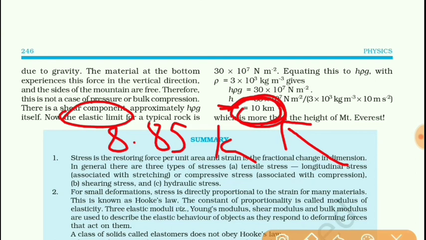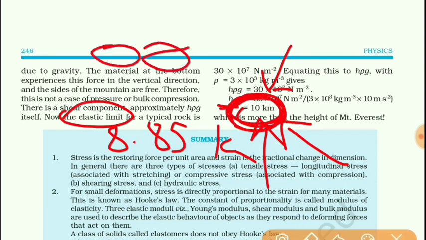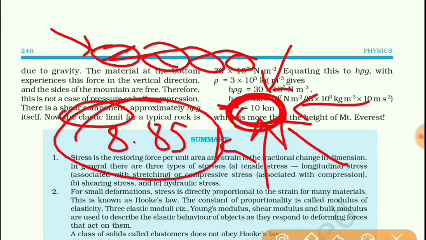So it is clear that Mount Everest cannot be of a height larger than 10 kilometer, because if the height increases, then what will happen? The stones or the rocks which are at the base of the mountain will cross the elastic limit and they will break into pieces. And so the height cannot be more than 10 kilometer, and the actual height is 8.85 kilometer.